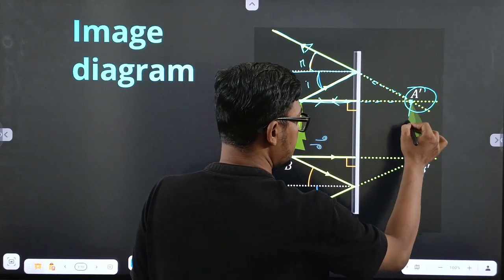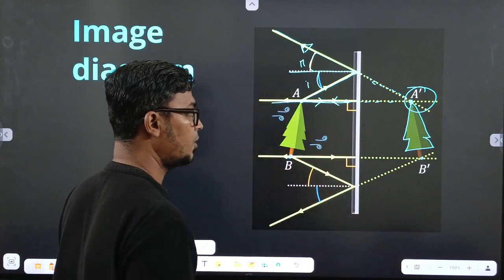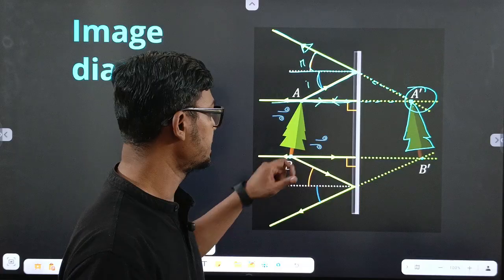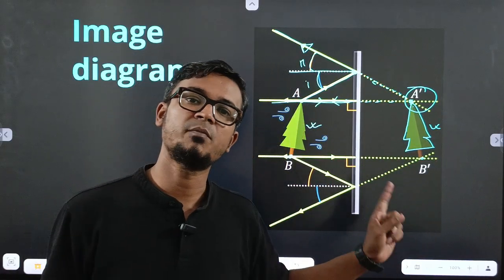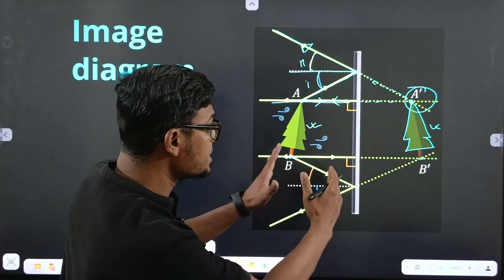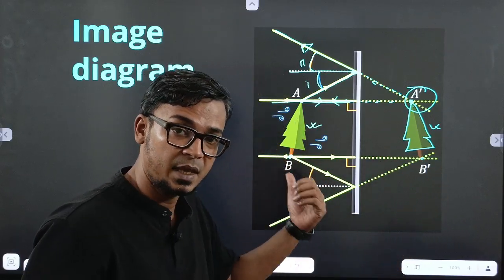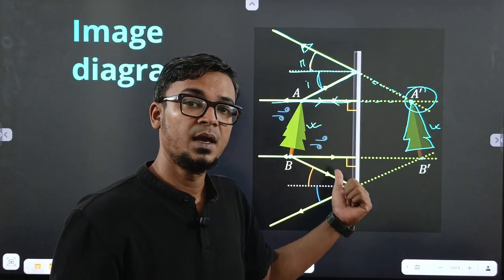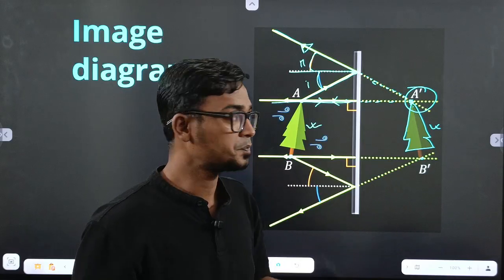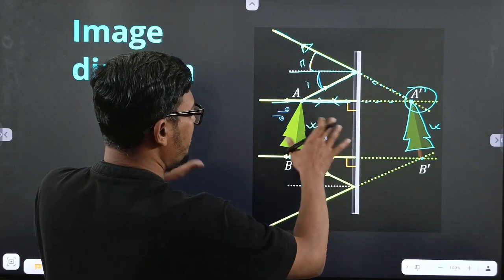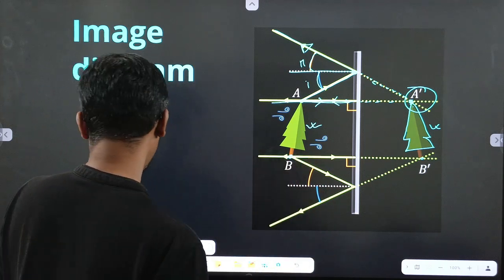Therefore, the image forms at this point, where this is the object and this is the image, and definitely this is a virtual image because it forms just behind the glass, on the opposite side of the incident ray of light. This is the basic diagram for image formation by a plane mirror.